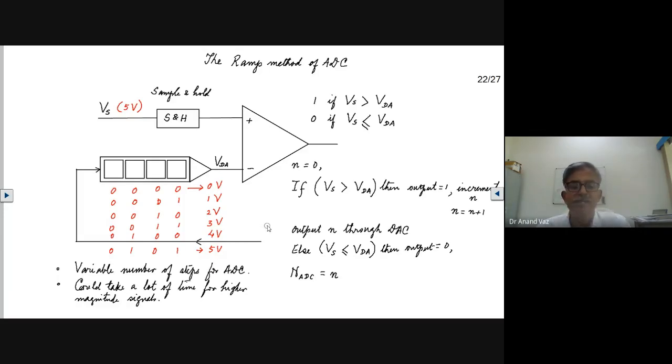So the representation of 4.5 will be 5 volts. The representation of 4.8 will also be 5 volts. The representation of 4.9 also will be 5 volts. The representation of 5 volts will also be 5 volts. This is the problem we have with digital representation, this discretization. Is it clear?